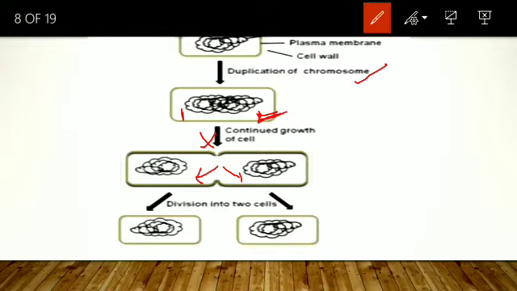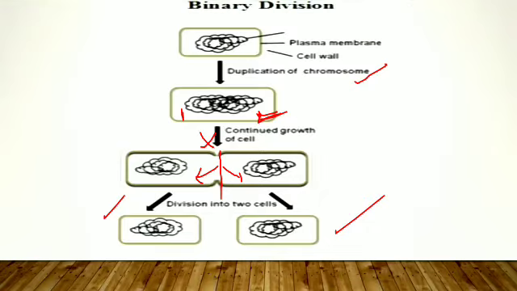Then through this septum this bacteria divides into two. Now these two become individual bacterial cells. This is called binary division or binary fission.